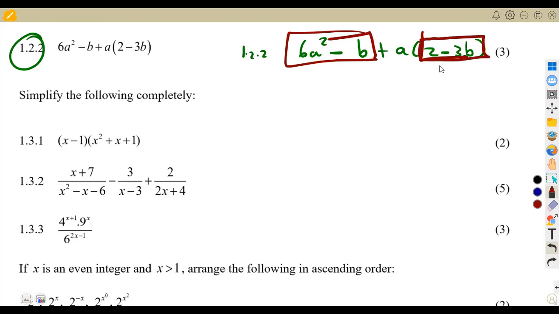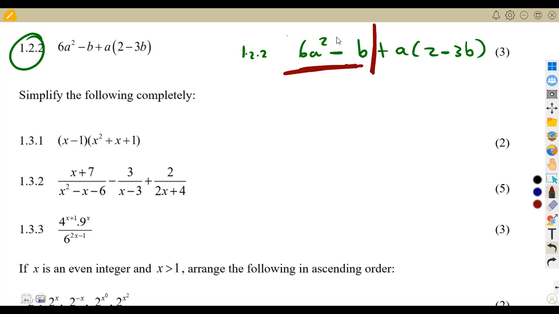But on this question, it was a different situation. Between the first two terms, we do not have anything common. Between 6a squared and b, we do not have a common term. All right, so that means I'm stuck. I cannot factorize this. So what am I going to do?